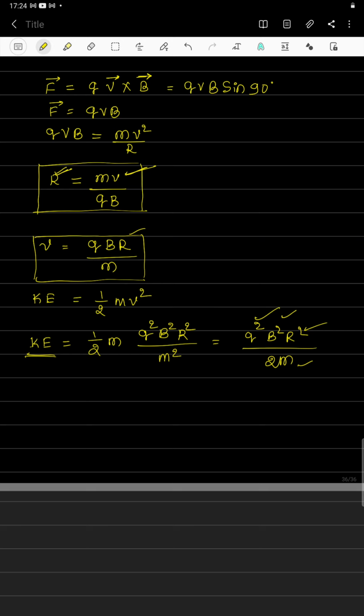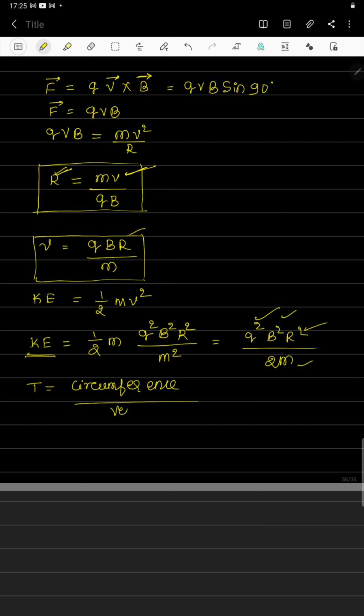Now if we write the same for frequency, what should be the frequency of this charged particle? The time period T is equal to the circumference of the orbit divided by velocity.